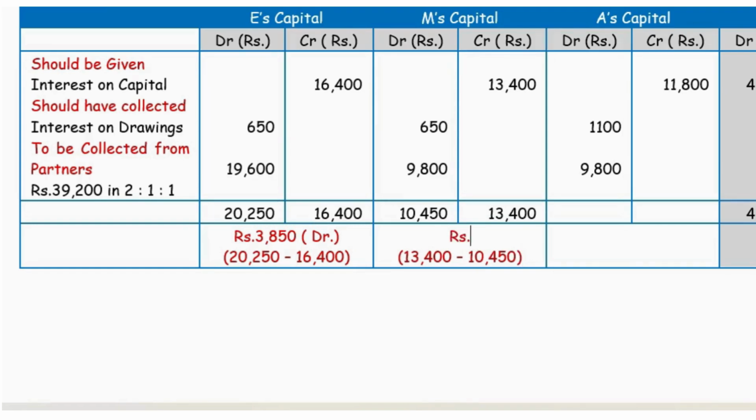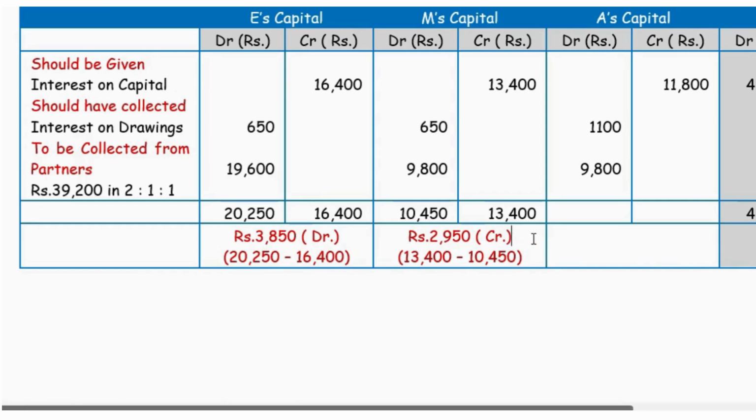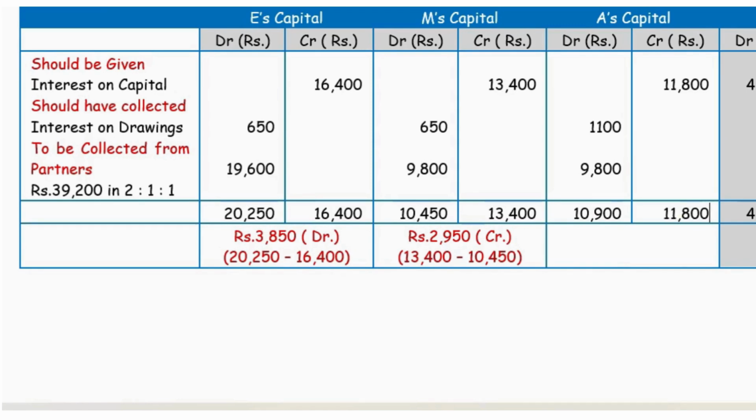That is the difference amount, rupees 2,950, is to be credited, because he has received less than what he is supposed to receive. So he is to be credited with 2,950. And in case of partner A, he is supposed to receive 11,800 and he is supposed to return to the firm 10,900.